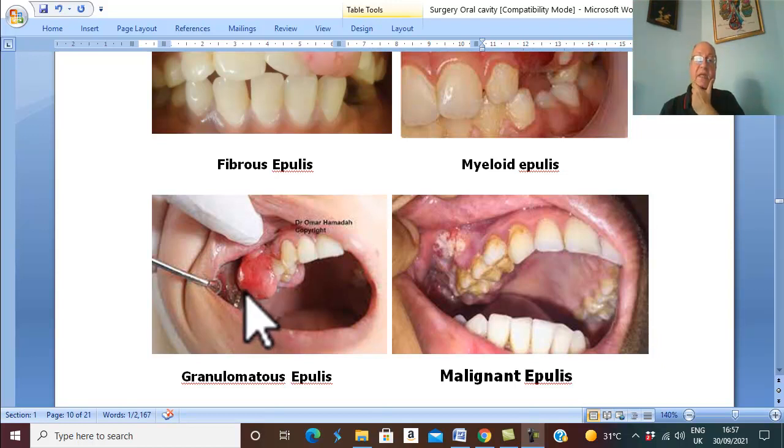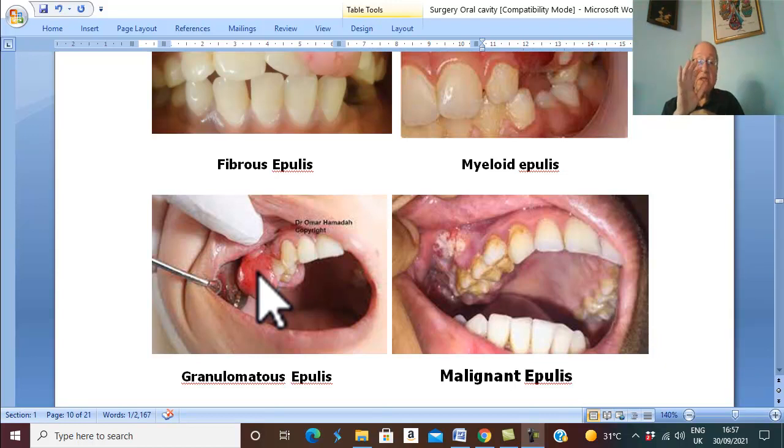Therefore, there is a septic granuloma related to a septic tooth, a carious tooth. It is a mass of granulation tissue, blood vessels, capillaries, and connective tissue with inflammatory cells, without epithelial covering.